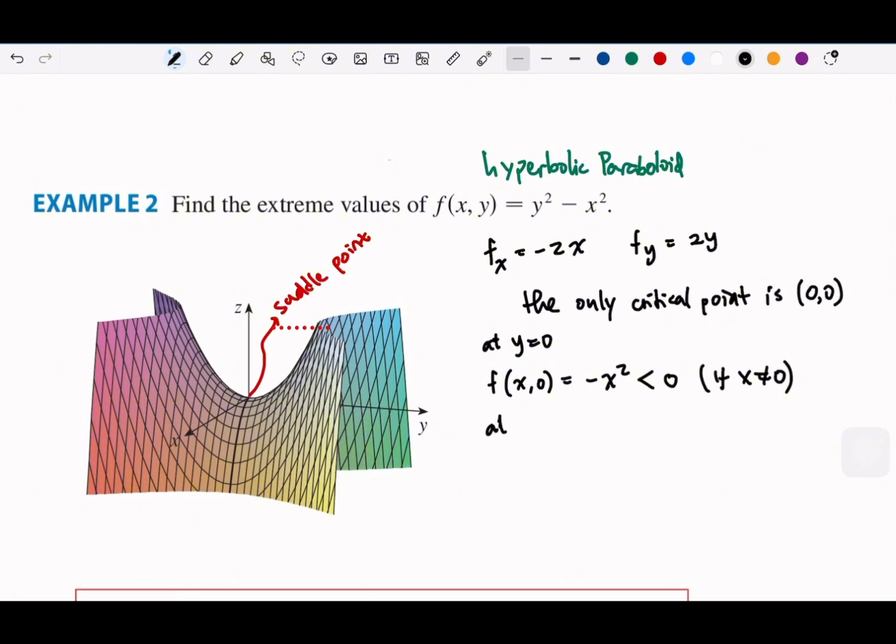And for x equals 0, this will be y squared, which is a positive parabola, right? It's going to be positive if y is not 0.